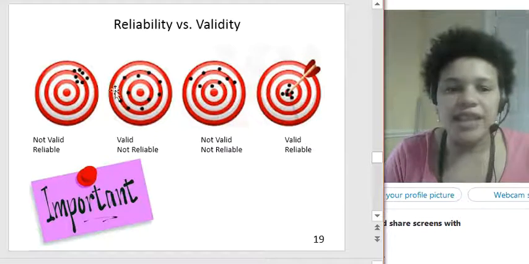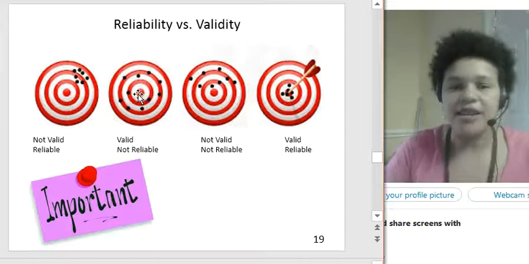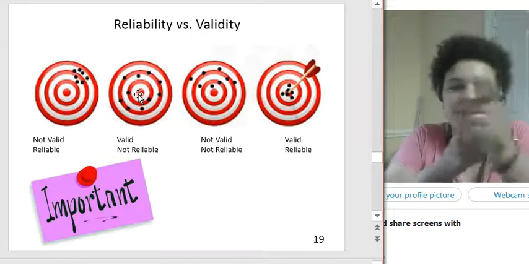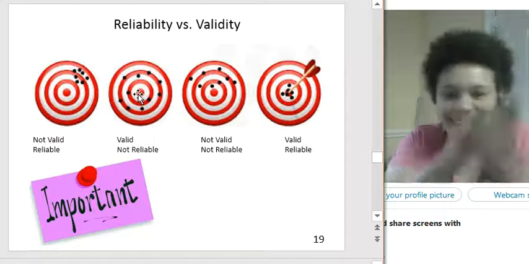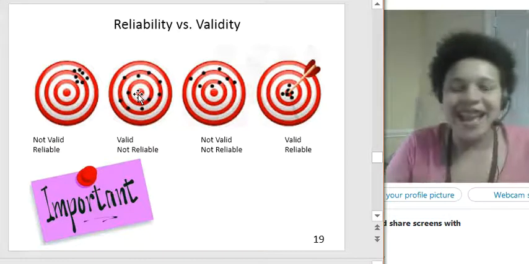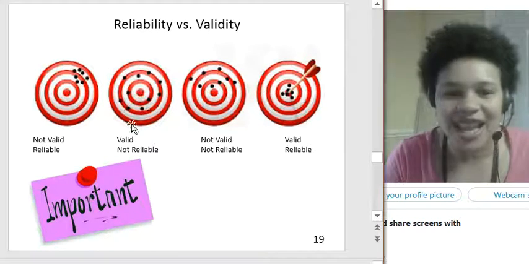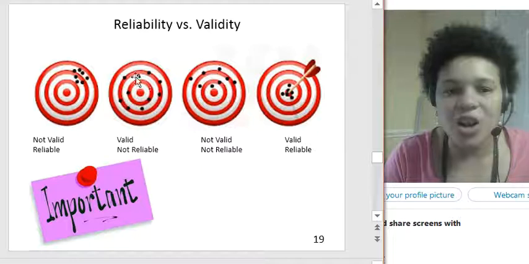Looking at this second board, we see that the person who's shooting the arrow is aiming for the target, but maybe their arm is very wobbly. And so the arrow is hitting around the target, but not on the target.